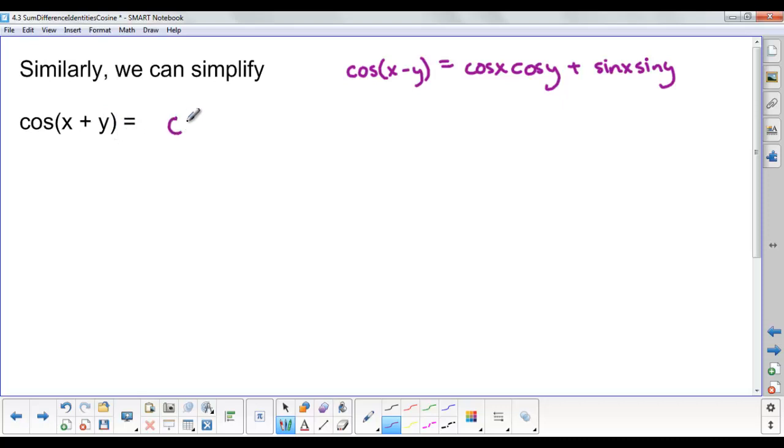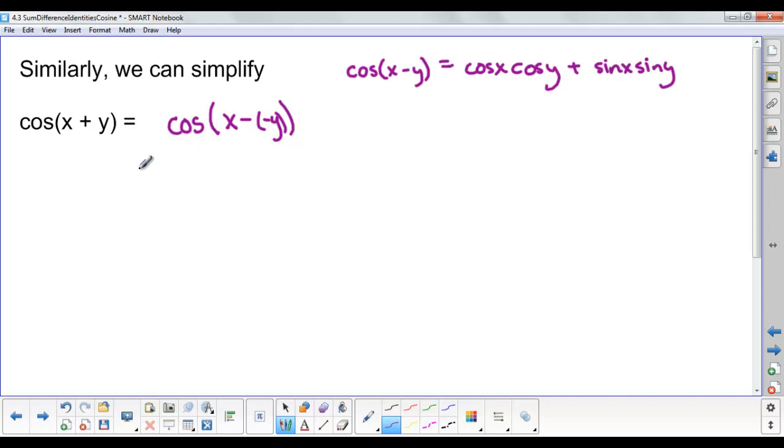I can rewrite that so it looks like the difference identity. I can say that this is cos of x minus negative y. Two negatives make it positive, so that's why I can rewrite it like this. But writing it like this lets us use what we already know to create this new identity.